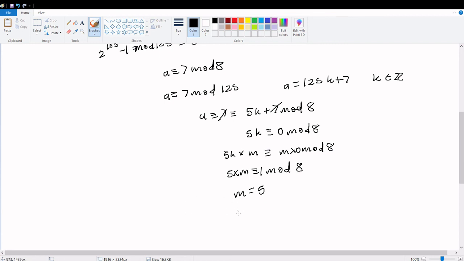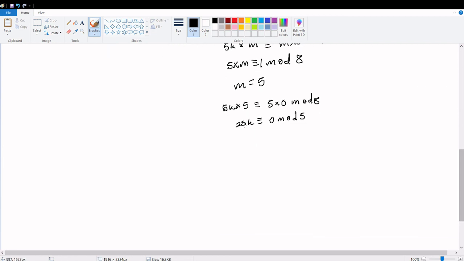So we can multiply both sides by 5, giving 25k is congruent to 5 times 0 mod 8, and from there we can say k is congruent to 0 mod 8, because 25 is congruent to 1 mod 8.